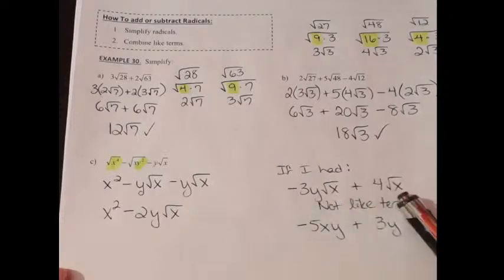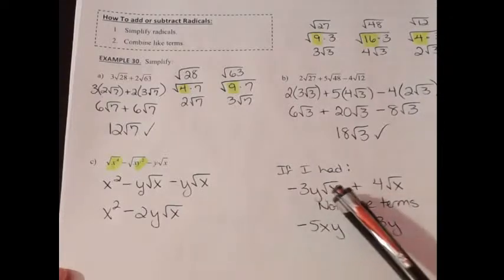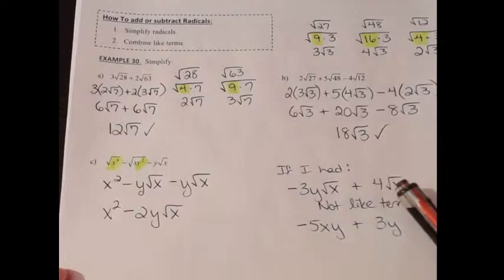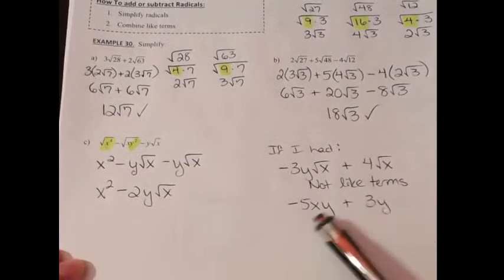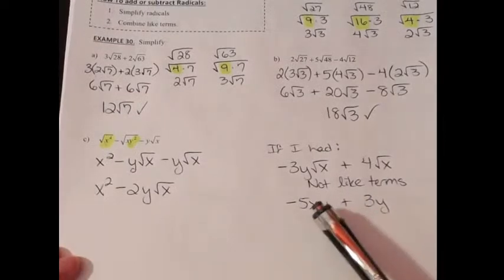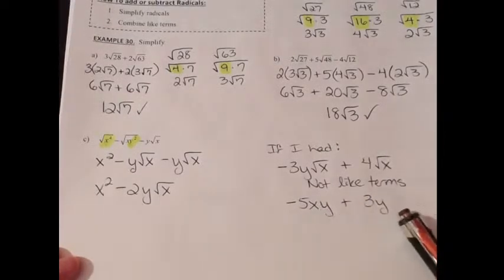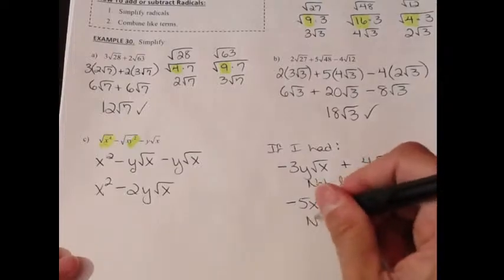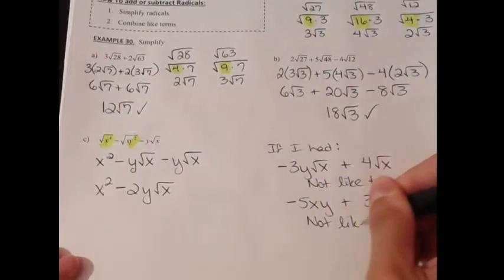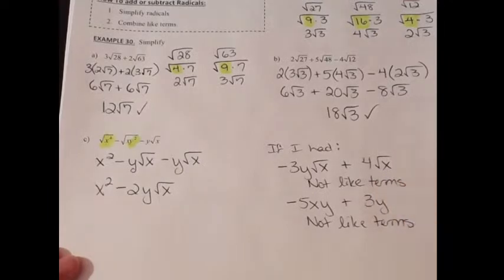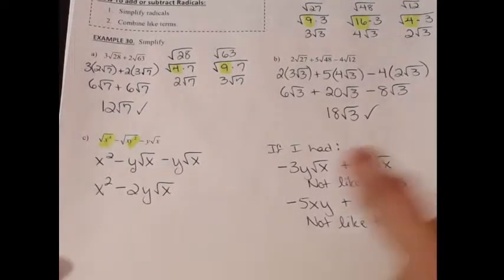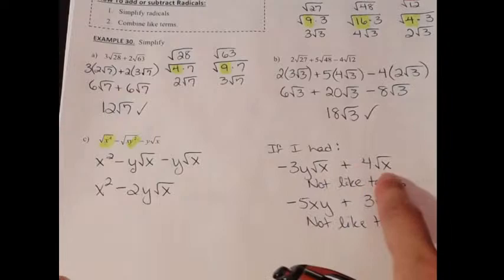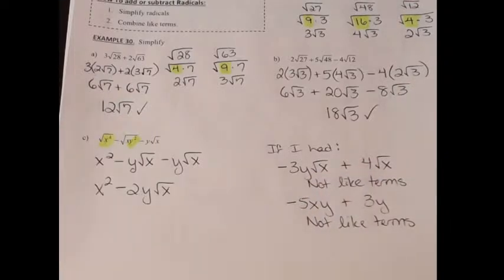These would be like terms if they both had y square roots of x, but this is missing the y, so they're not like radicals. Just like here, these would be like terms if they both had xy. This only has a y. So these are also not like terms. Keep that in mind as you move through these problems. They have to be completely identical in terms of the variables. Okay? Perfect.